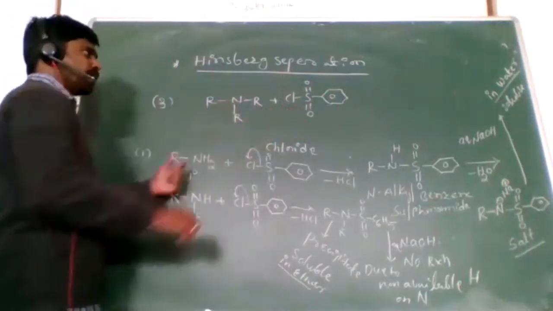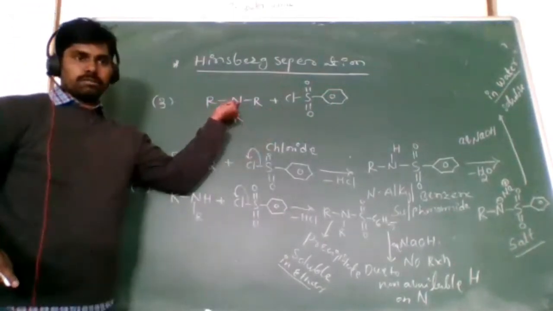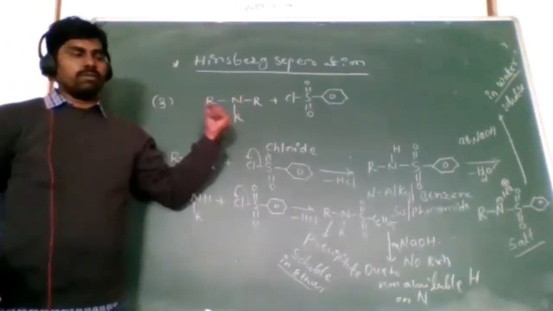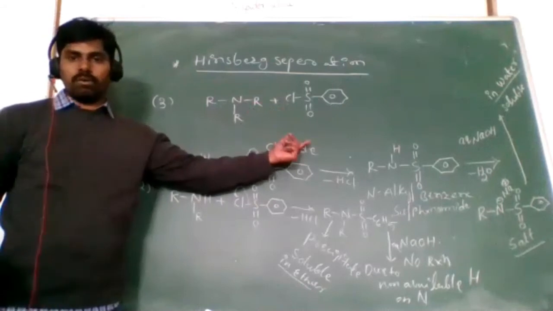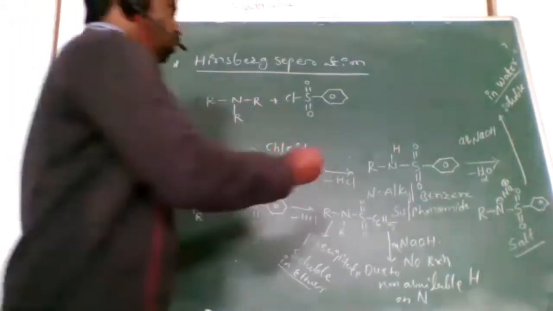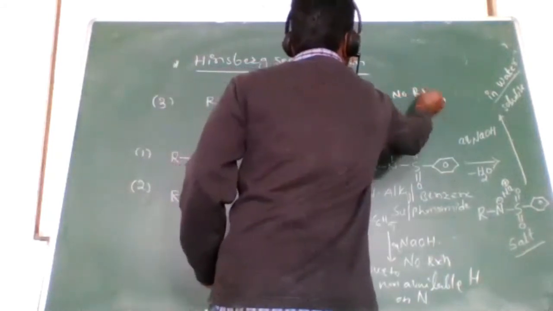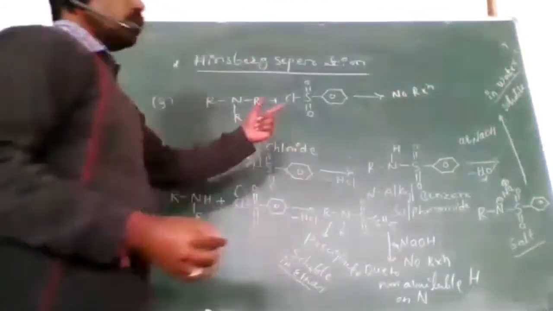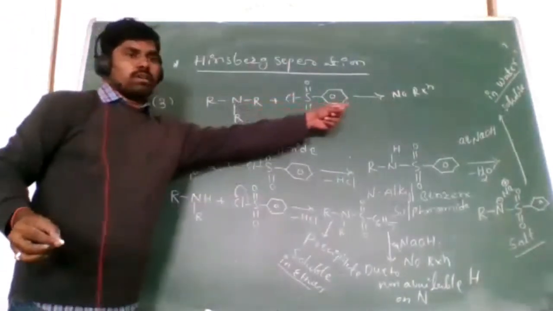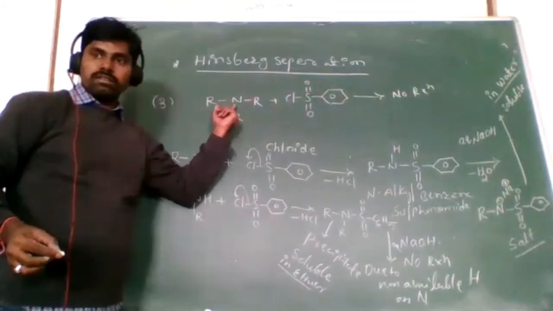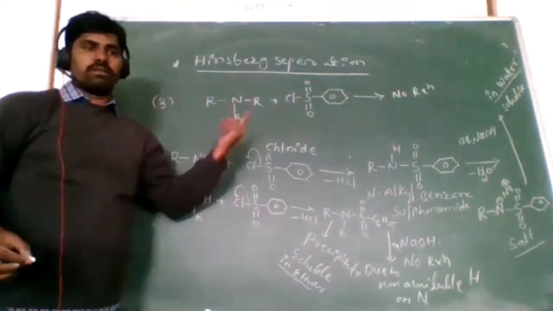Now, are there any hydrogens on the nitrogen? No. There is no hydrogen available to react with the benzene sulfonyl chloride. So no reaction, due to the absence of hydrogens on nitrogen.